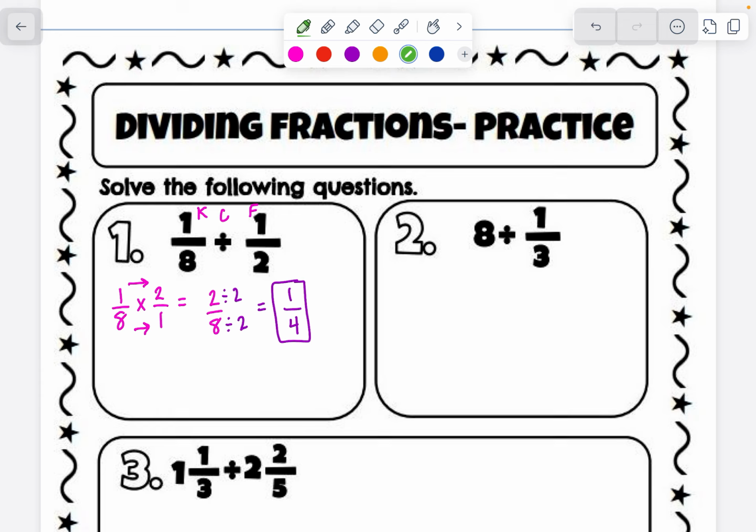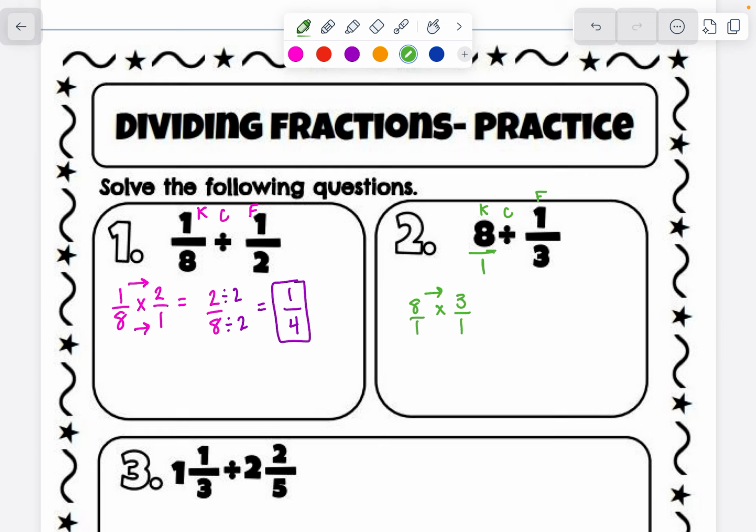Well, it looks like there is a whole number, so I'm going to write it under 1. So again, keep, change, flip. Keep 8 over 1, multiplying by the reciprocal, so I'm flipping.